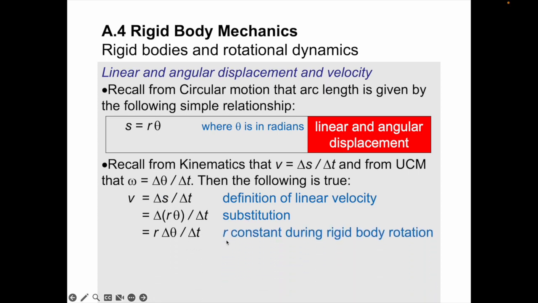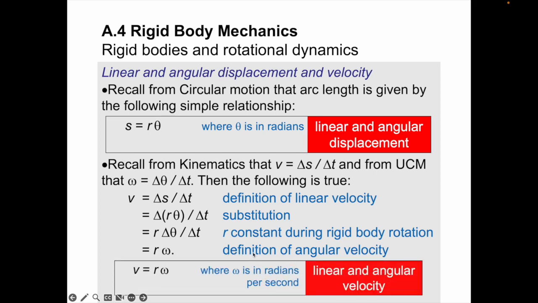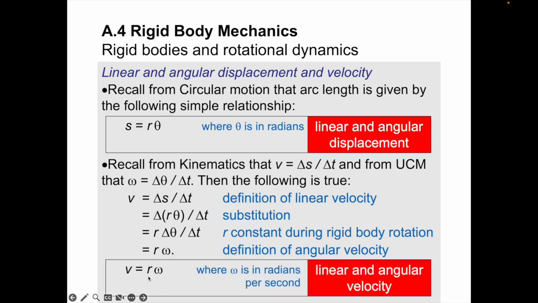Our r is going to be constant during this rigid body rotation, which means we can pull it out of the equation. It's not going to have any deltas in front of it. Then you'll notice that delta theta over delta t is our omega. This little w is omega. So r omega is the relationship between linear and angular velocity, and we now have a conversion between linear velocity and angular velocity. In this case, the omega is in radians per second.